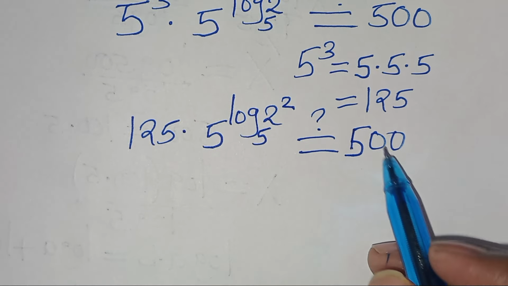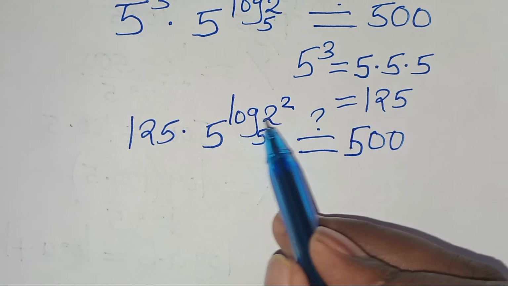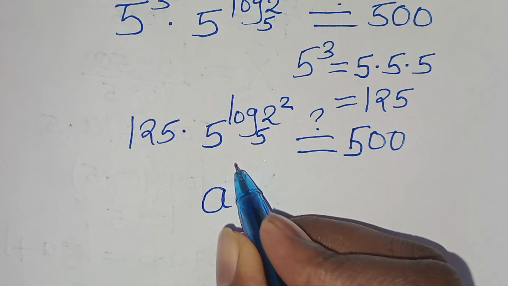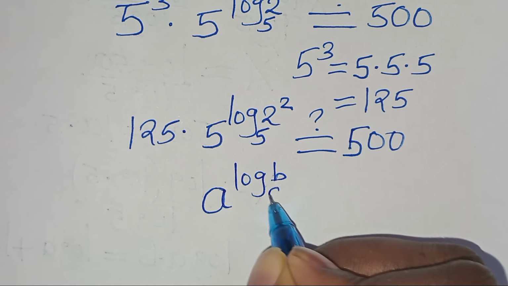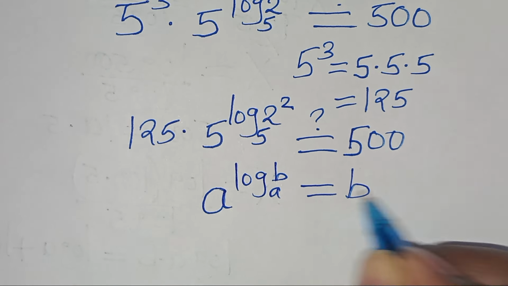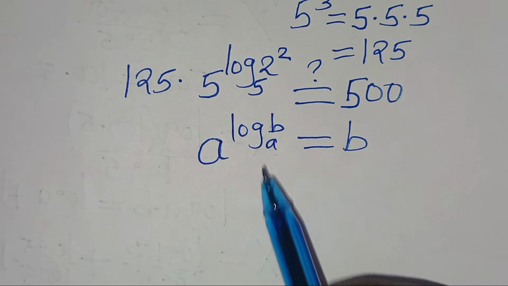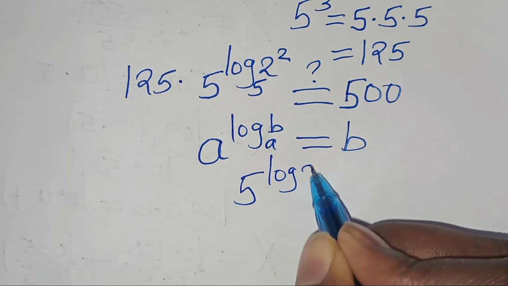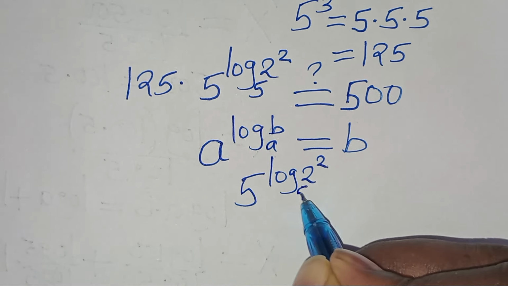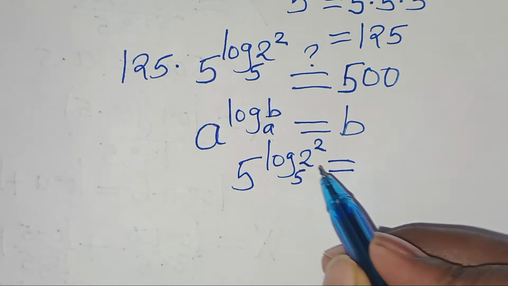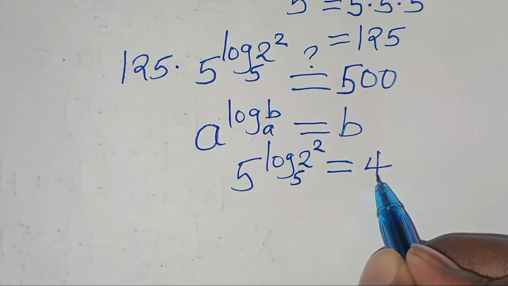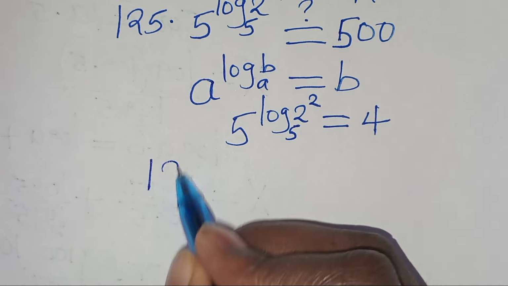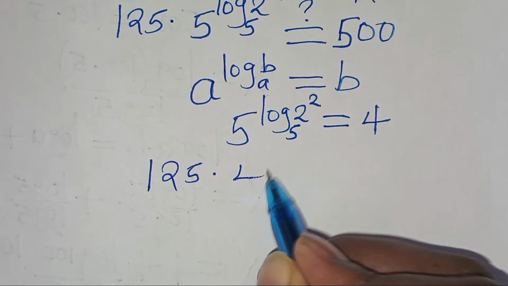The next step is that 5 to the power of log 2 to the power of 2 to base 5 is in the form of a to the power of log b to base a, which should give us a value of b. Applying this property, 5 to the power of log 2 raised to the power of 2 to base 5 is equal to 2 to the power of 2, and this is equal to 4. So let's substitute 4 so that we have 125 multiplied by 4.